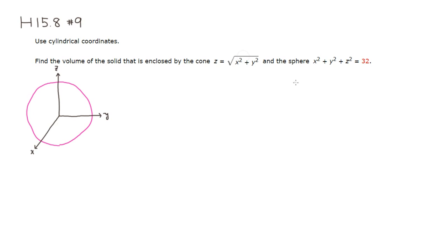Alright, then we have, let's say, a cone. The cone probably should look something like this, and it's going to intersect the sphere. Then you have a solid which looks like that. If we shade it, we have a solid which looks like this.